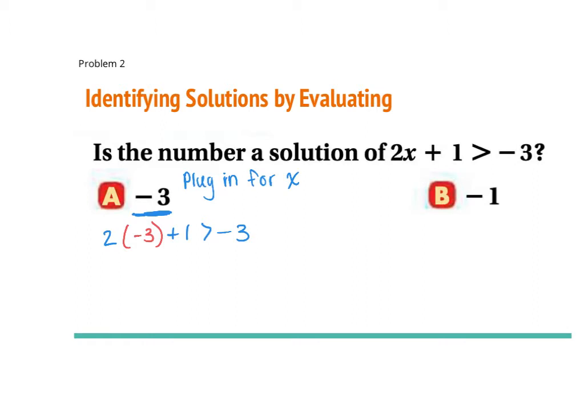So 2 times -3 becomes -6, plus 1 is greater than -3. -6 plus 1 is -5, is greater than -3. Now we have to test if this makes sense. -5 is not greater than -3. So -3 is not a solution.